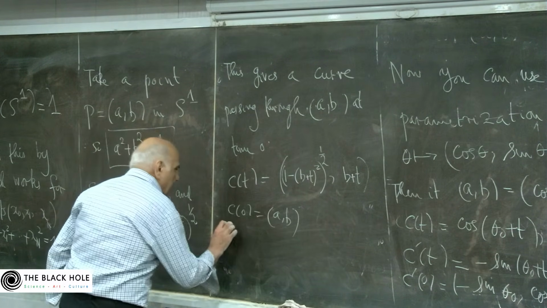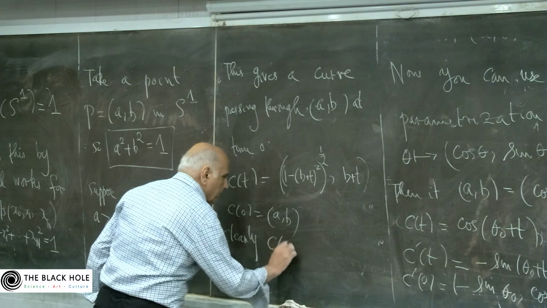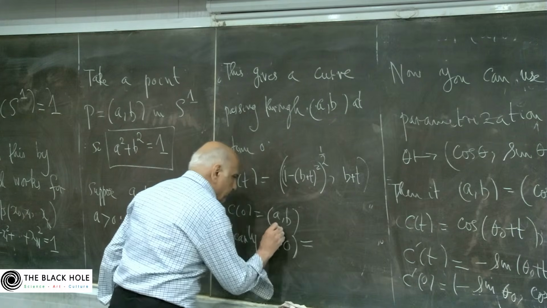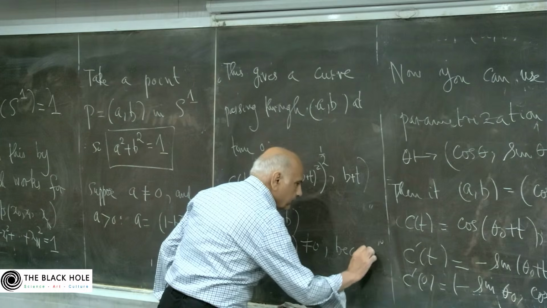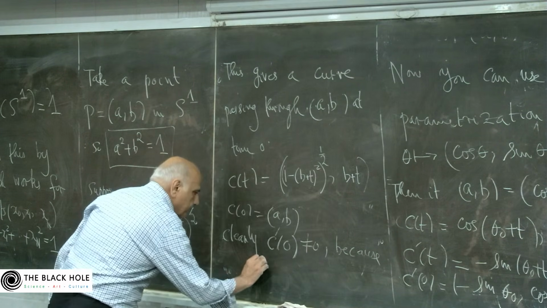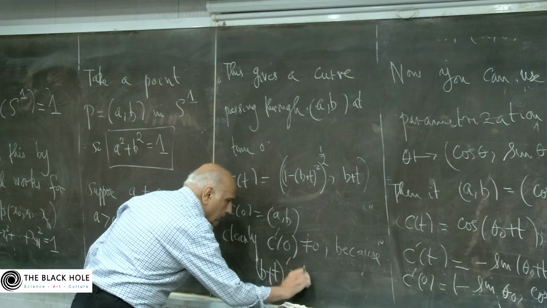So clearly c prime 0 is not 0, because the derivative of b plus t is 1.